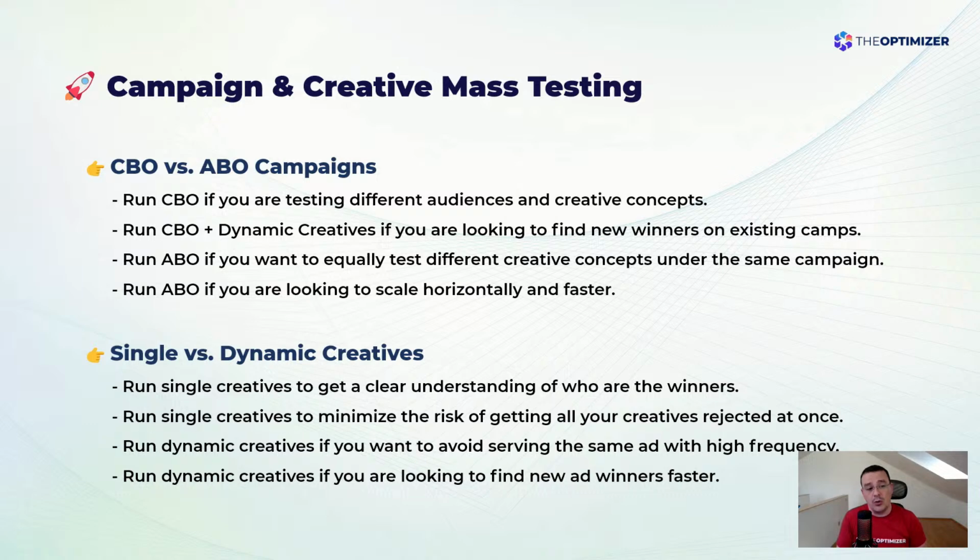Then you want to run ABO if you're looking to scale horizontally and faster. Why? Because apparently Facebook keeps conversion learning on the campaign level. So whatever is underneath that campaign umbrella will somehow use the learnings from another ad set.